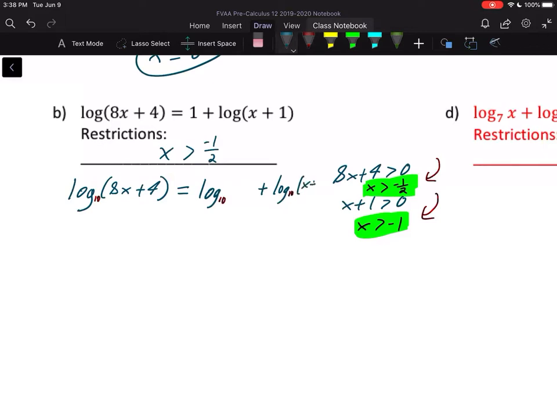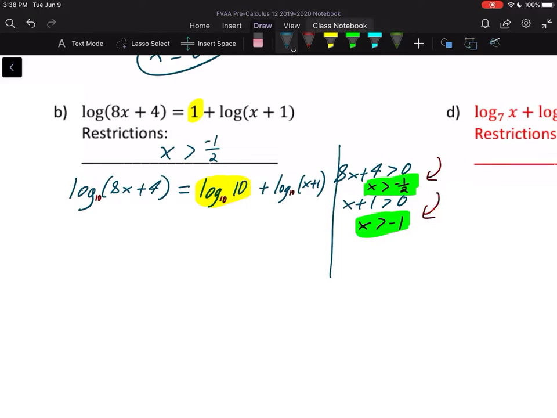In order to make this equal to 1, what must be the value after the base 10 in order to equal 1? Well, from the last set of notes, we know that would be log base 10 of 10 is equal to 1, right? Because 10 to the what is equal to 10? Well, it's 10 to the 1.